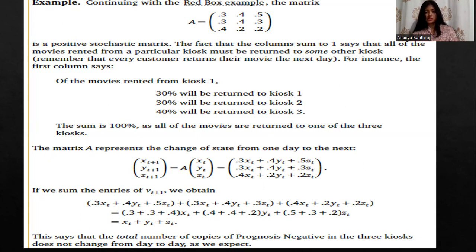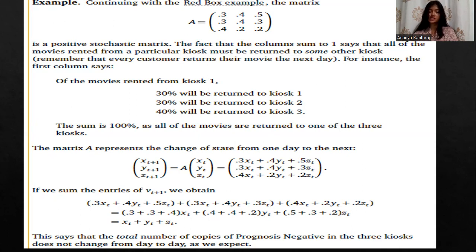So matrix A represents the change of state from one day to the next. x_{t+1}, the second row represents y_{t+1}, and the third represents z_{t+1}. It is equal to A times the vector (xt, yt, zt), which gives 0.3xt + 0.4yt + 0.5zt in the first row, 0.3xt + 0.4yt + 0.3zt in the second, and 0.4xt + 0.2yt + 0.2zt in the third.